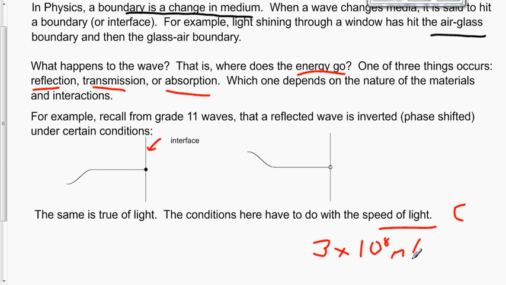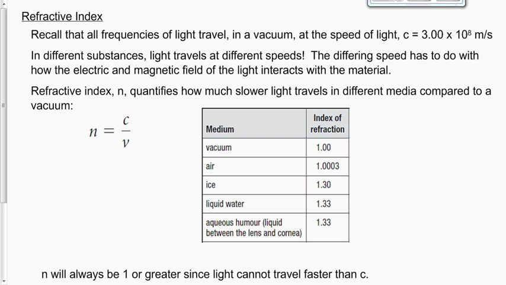But one of the neat things, as we'll get to in a second, is that light actually travels at different speeds in different substances. So in a vacuum, light travels at that speed c, the speed of light.